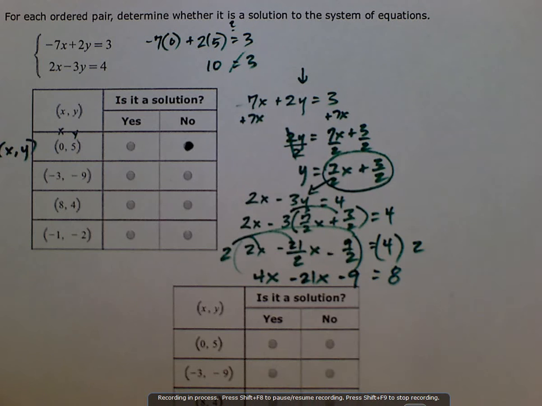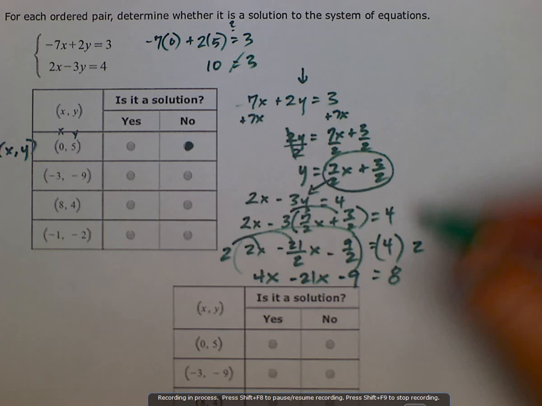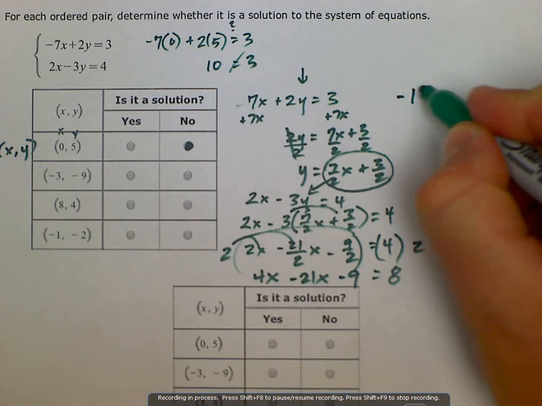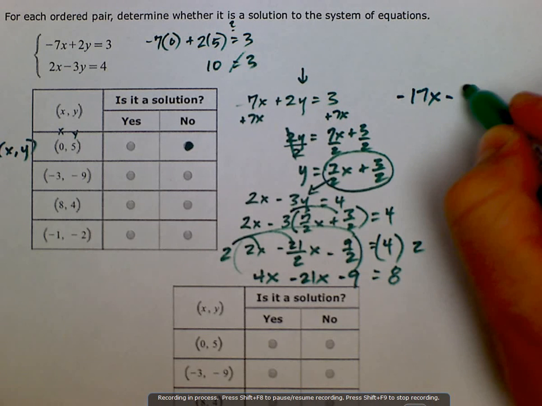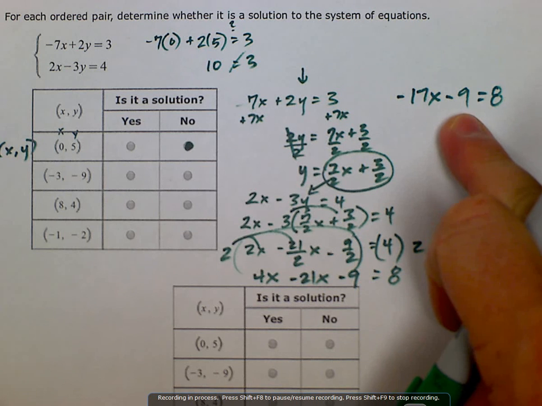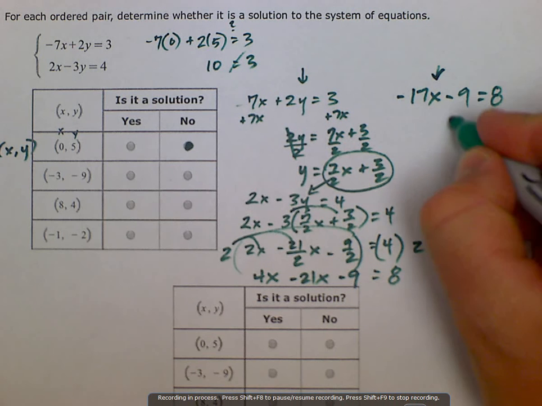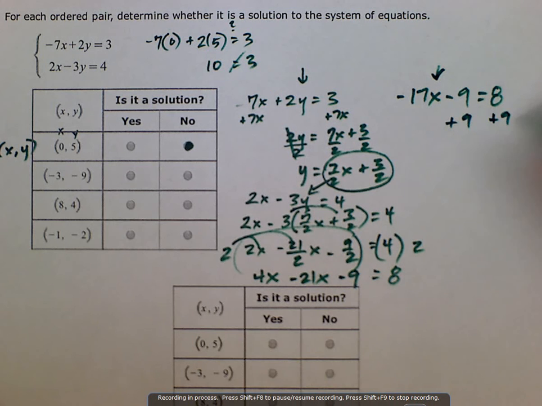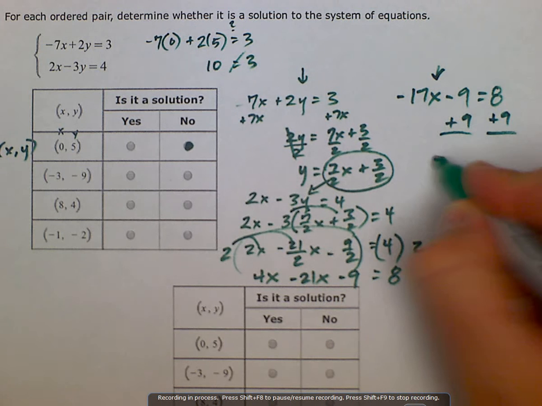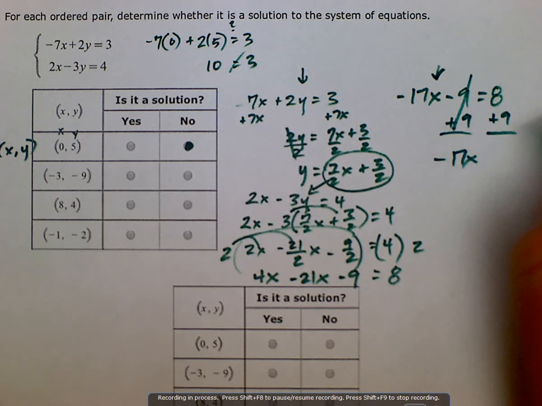And then I can combine like terms, 4x and a -21x, is a -17x minus 9 equals 8. Then I need to continue using opposite operations to isolate my variable. So here I would add 9 to both sides, leaving me with a -17x on this side, because these cancel, and a positive 17 here.